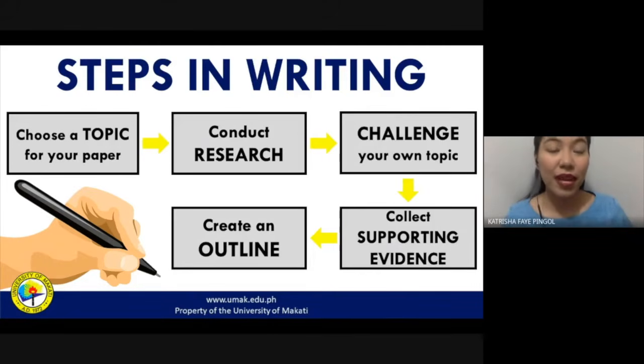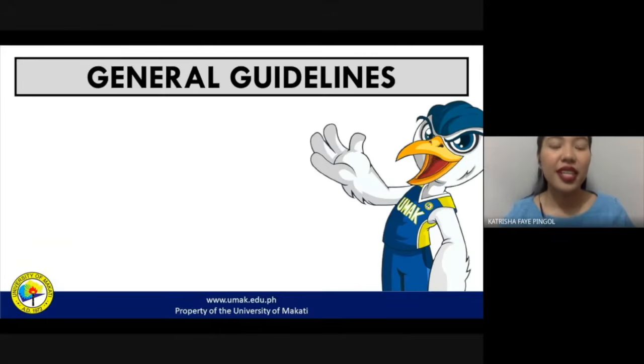Like what we have mentioned in our earlier discussions about reading and writing, it is always essential that we create an outline before even writing our final draft or even our first draft. Here are some general guidelines that you can follow whenever you are writing a position paper.